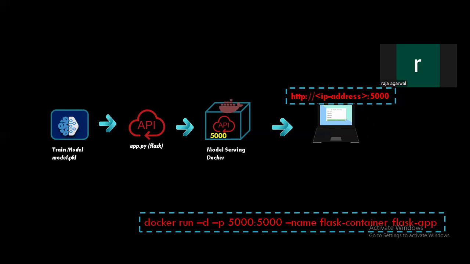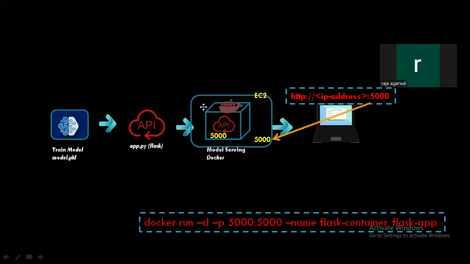So what happens here is, at this URL, http colon IP address colon 5000, whatever the end users entered, that request is sent to port number 5000 of your EC2 instance.